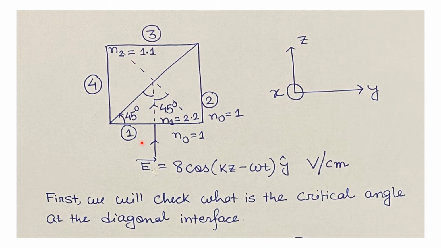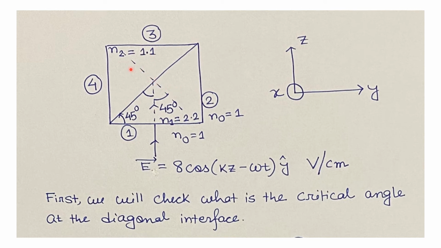Two situations may occur in this case. First, the angle of incidence on this diagonal interface is less than the critical angle for total internal reflection. Then some portion of the incident EM wave will be reflected back in this region, and the remaining portion will be transmitted from this interface.